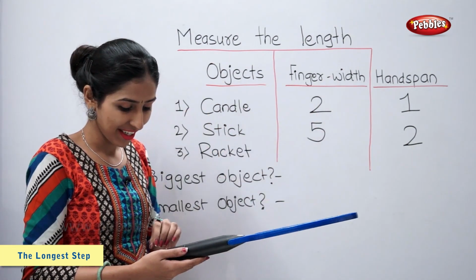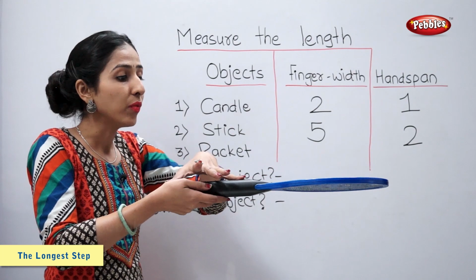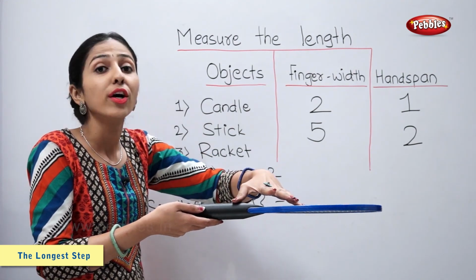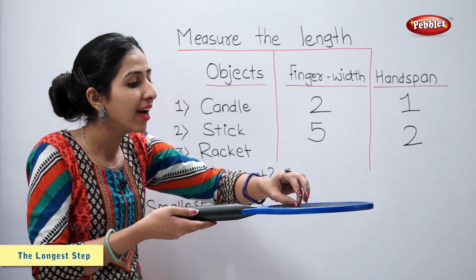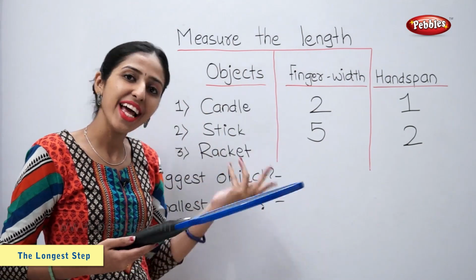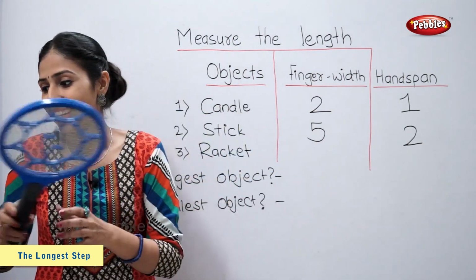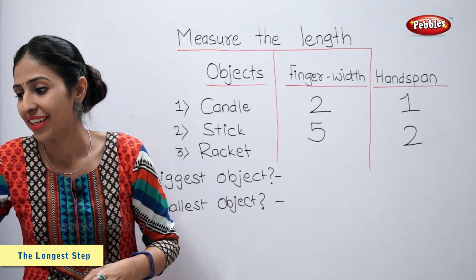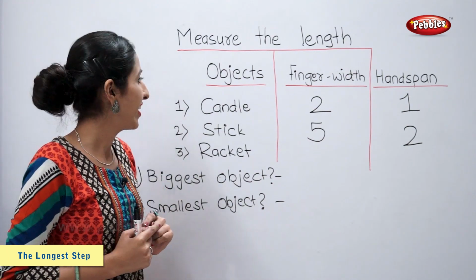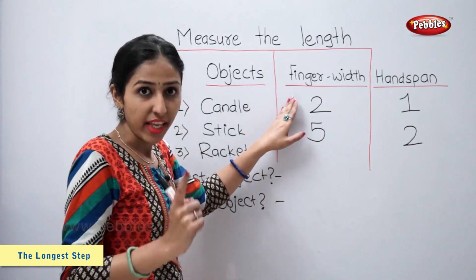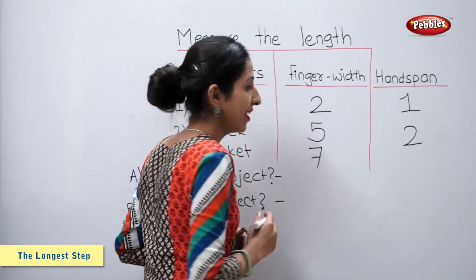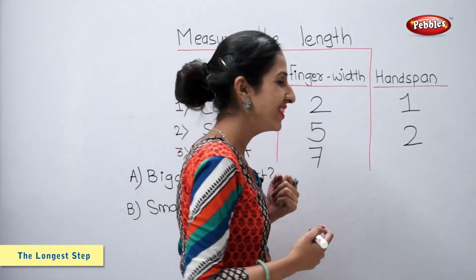Now, handspans. 1, 2, and 3. 3 handspans. Now let us write the length of racket. 7 finger width, 3 handspan.